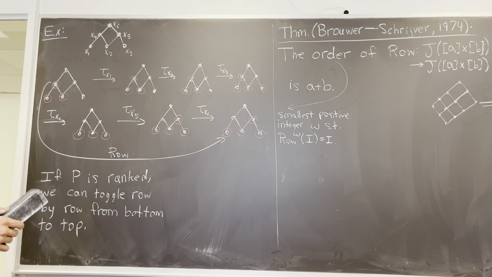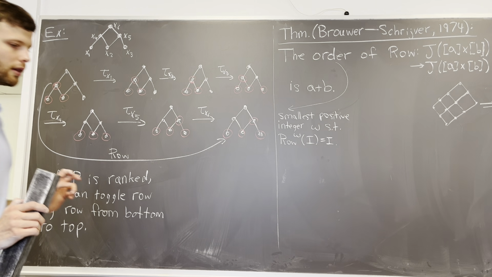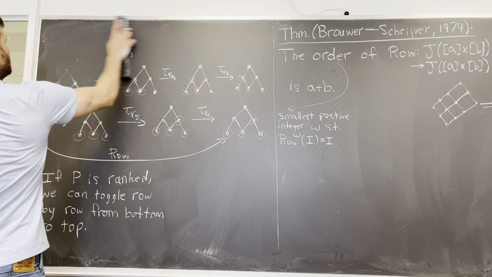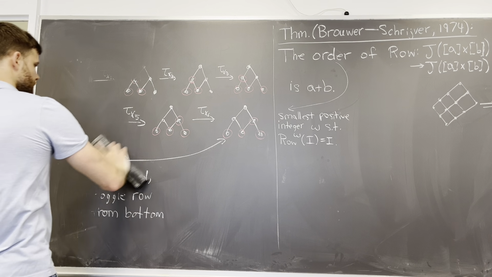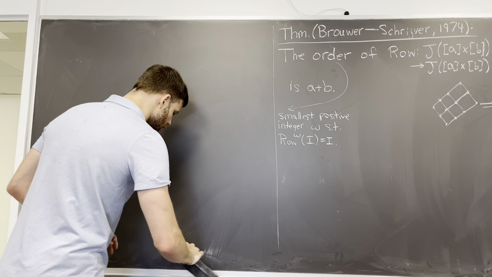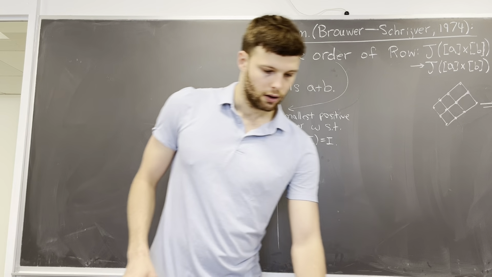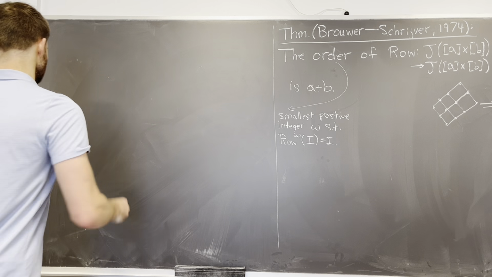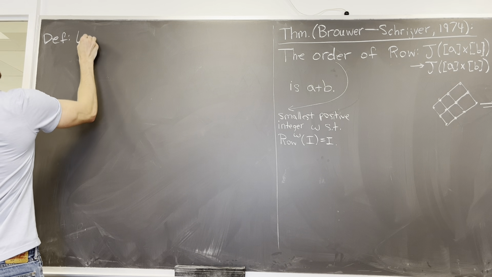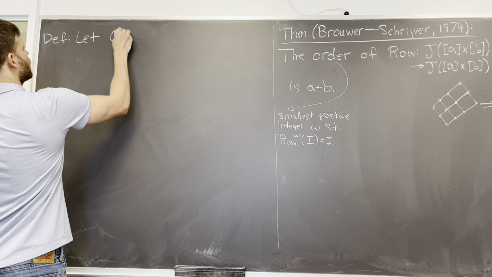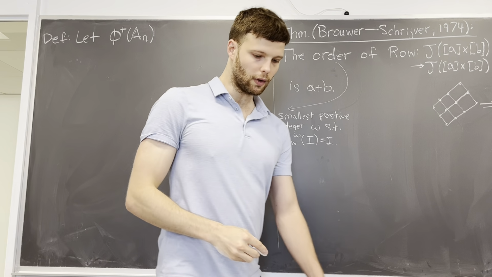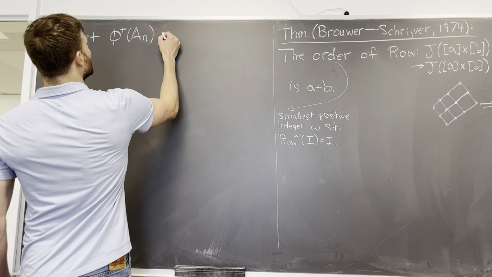This is what's called the root poset of type A3. And more generally, you can define the root poset of type AN. I'm not going to define it, but you'll see what it is because I'll draw the examples. The notation is phi plus of AN, the root poset of type AN.